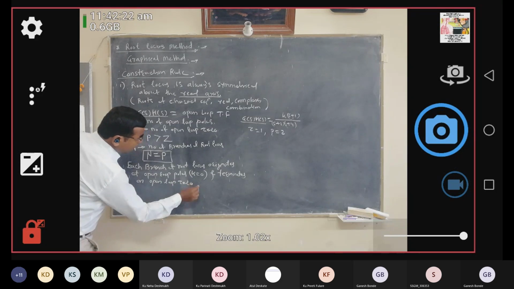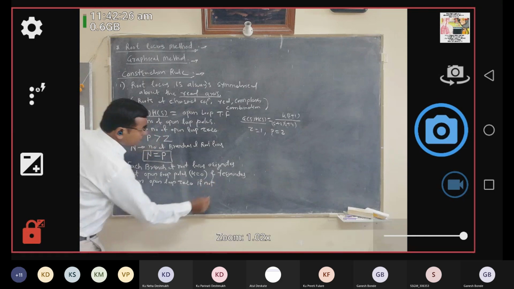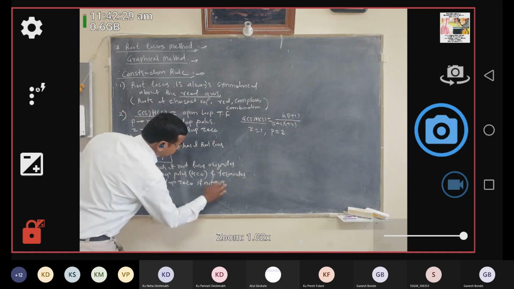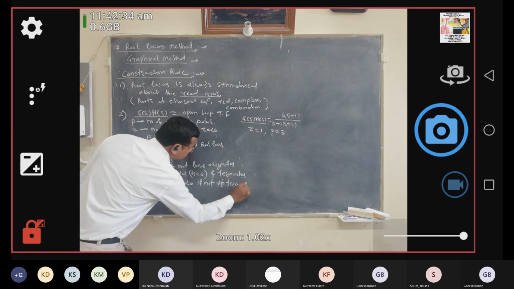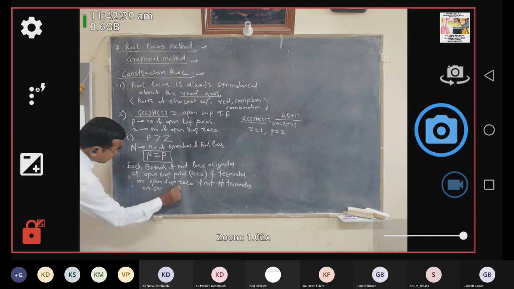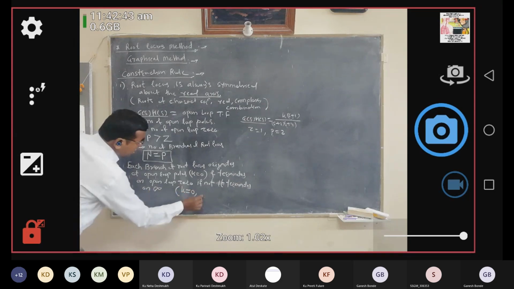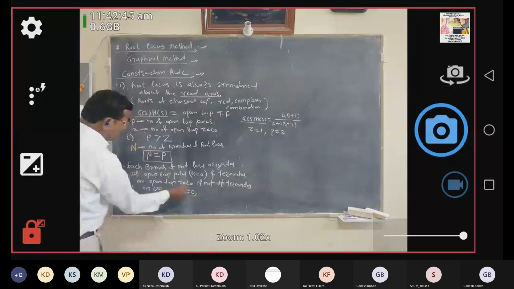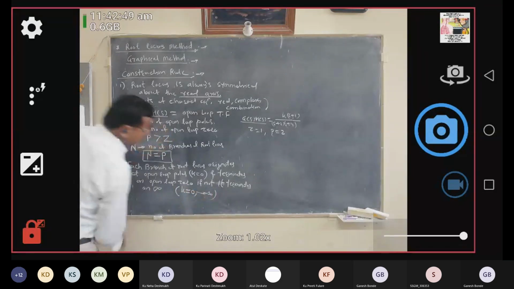If not, it terminates at infinity. So that means your root locus branch may start at K equal to 0 and end at an open loop zero if present. If not, it may terminate at infinity.